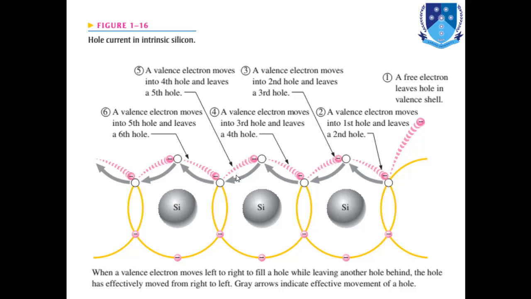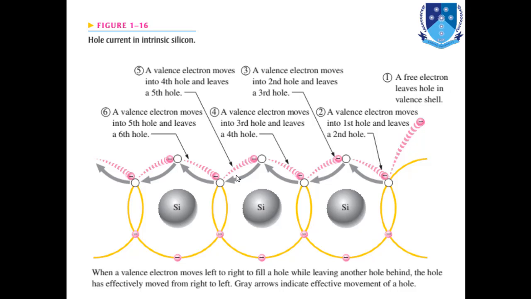This diagram shows the hole current in intrinsic silicon. You can see that mark 1 represents a free electron which leaves a hole in the valence shell or valence band of its atom.